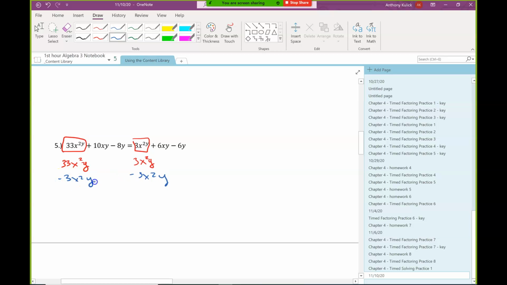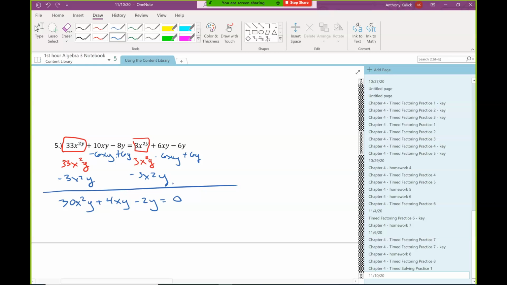So I'm going to subtract 3x squared y from both sides. And then I'm going to subtract 6xy from each side. And then add 6y to each side. When I do that, I get 30x squared y plus 4xy minus 2y equal to 0.